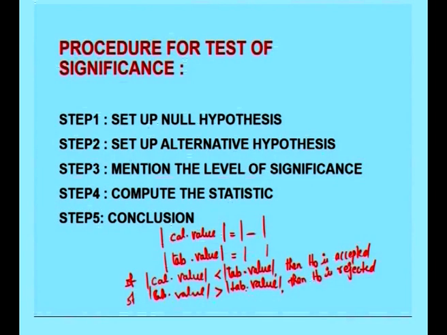When H1 is accepted, the ultimate conclusion or the inference is the statement which you have written in step 2, which should be written as the conclusion, right? According to the comparison between calculated and tabulated value, H naught is accepted or rejected, and accordingly conclusion statements are extracted from step 1 and step 2.